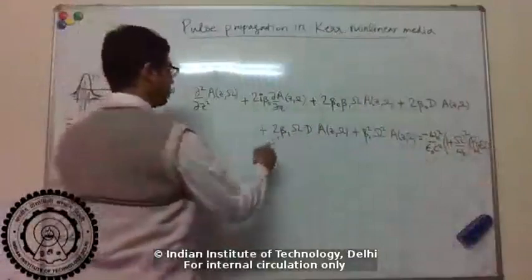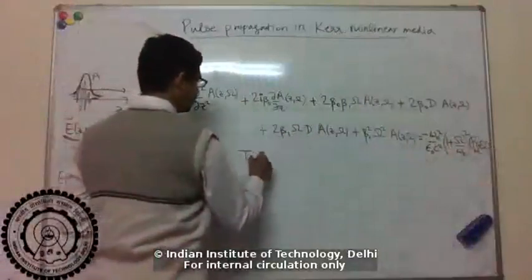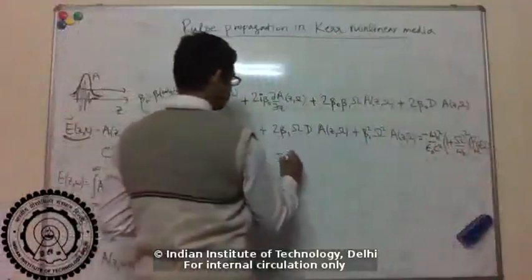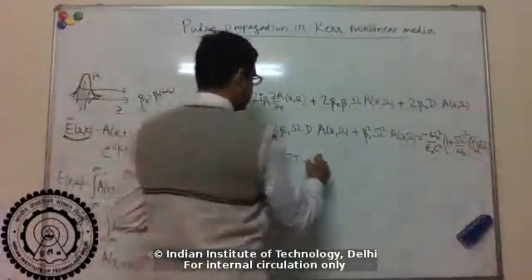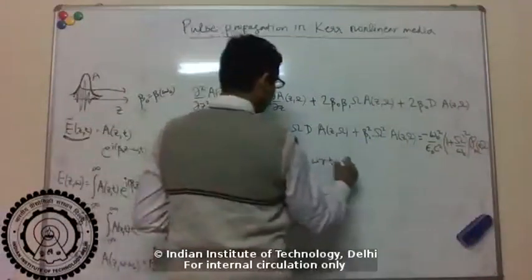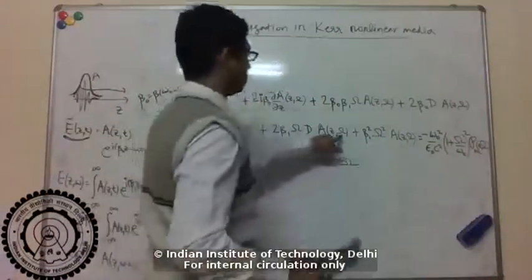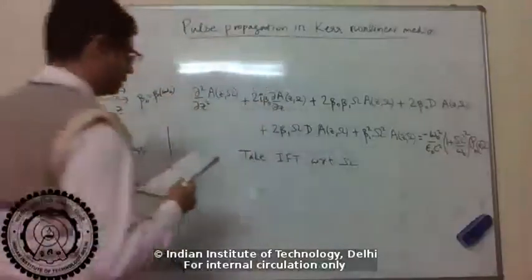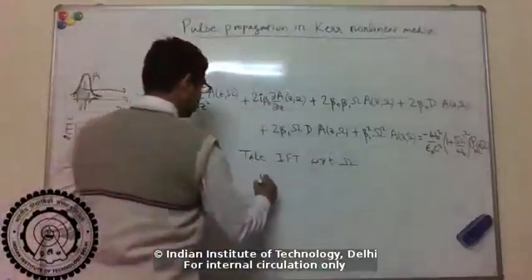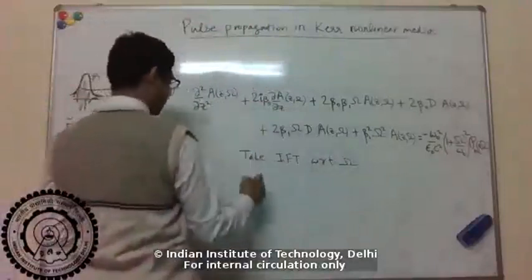Okay, so now what we do is take an inverse Fourier transform to go back to the time domain with respect to this variable capital omega. Right? So what do I mean? So I have this A of z comma omega.